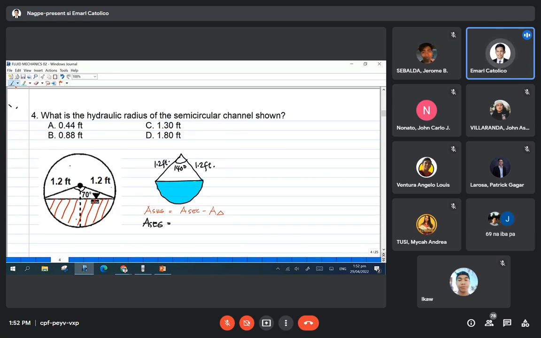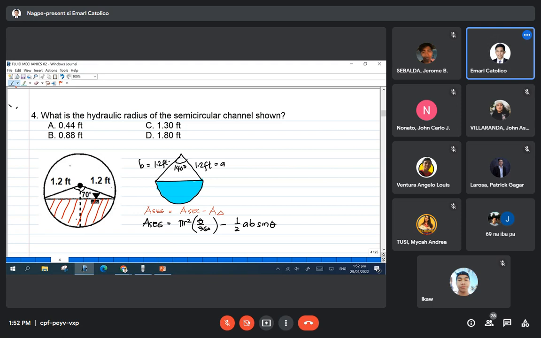Area ng sector: pi r squared theta over 360, kasi part lang naman siya ng circle. So i-ratio na lang natin yung theta divided by 360 degrees. Okay? Area ng triangle is 1/2 a times b sine theta. Ito yung 1.2 feet, ito yung A mo, then ito yung B mo. Parehas lang naman siya ng size.